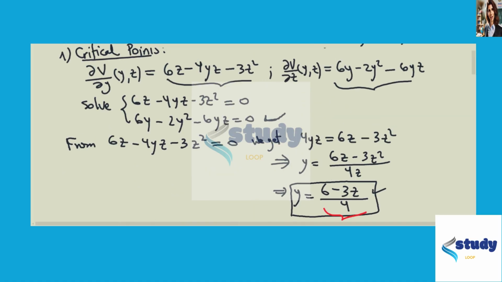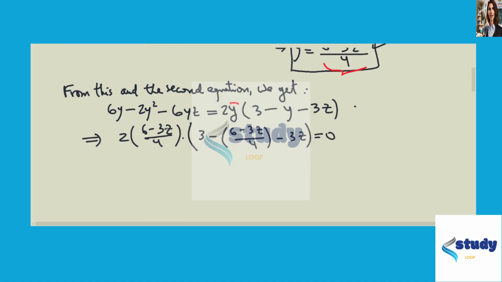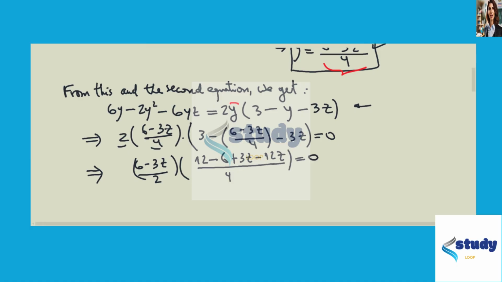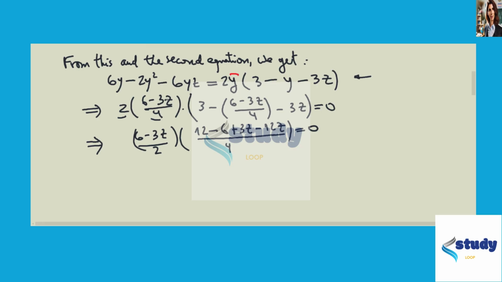That expression equals 0. What we did here was to simplify or take y common factor. And this implies that 6 minus 3z over 2, simplifying this 2 with this 4, times, and here inside we do the operations, is 12 minus 6 plus 3z minus 12z over 4, equals 0. And now we multiply the fractions.